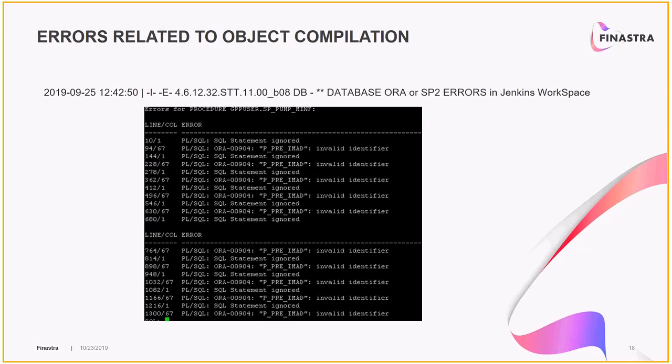Somehow it went properly into the master, but when it's implemented in the build and again when it's implemented in the QA, it might fail because that referred column might not be present, or some other reasons. So these are the errors. Specifically, we will see these errors in the build, like invalid identifier, something related to it. So that means something is wrong with that check-in.